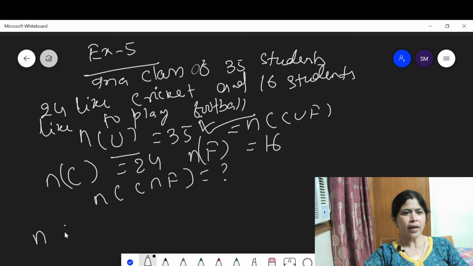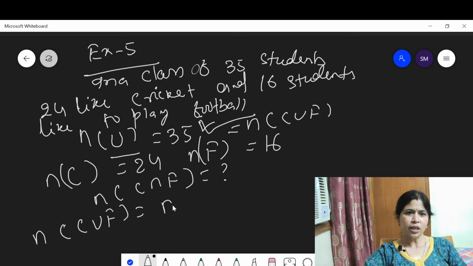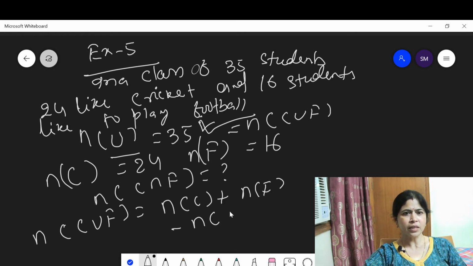As we know that n of A union B, here n of C union F, is equal to n of C plus n of F minus n of C intersection F. But here we know n of C union F is equal to 35.